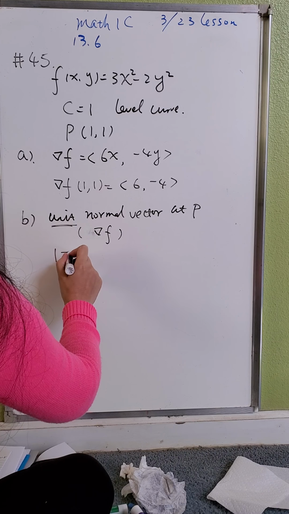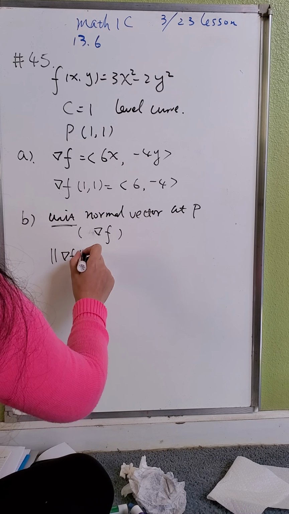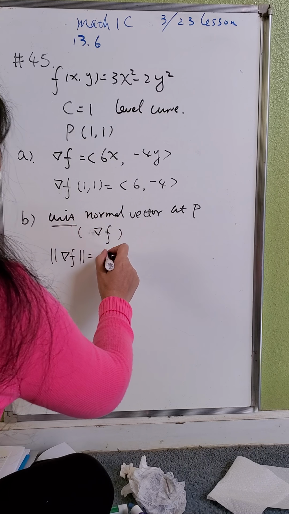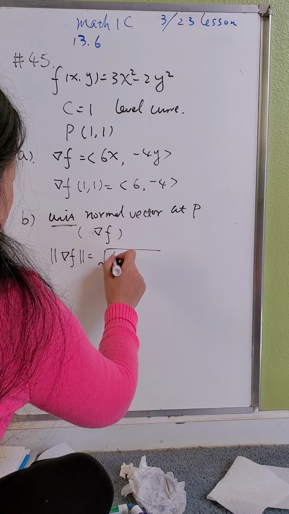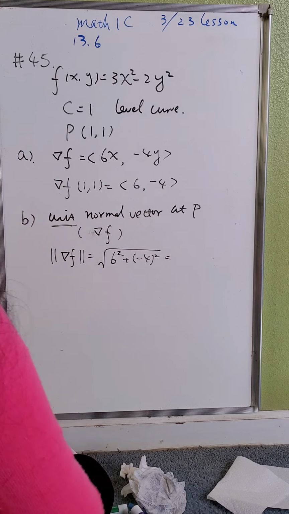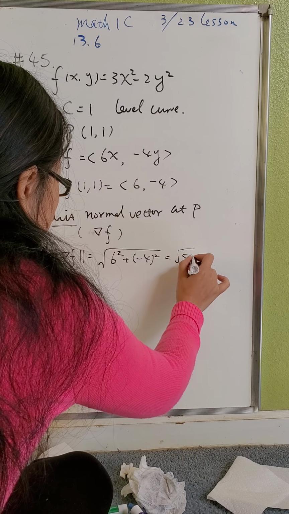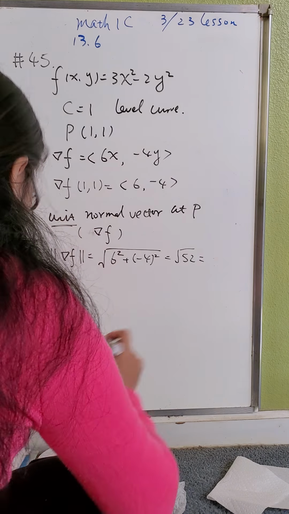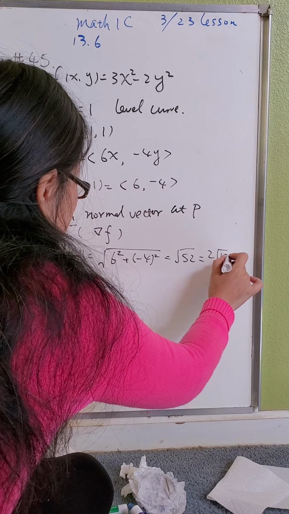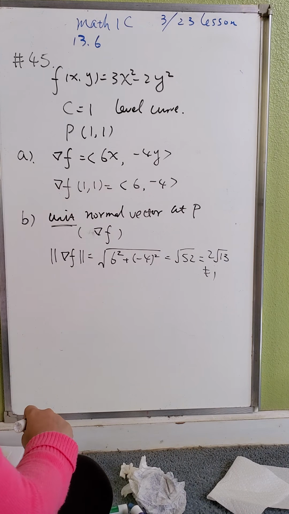How come? Because if you take the length of this vector, it is equal to the square root of 6 squared plus negative 4 squared, which is the square root of 52, and which is equal to 2 square root 13. It's not equal to 1. So therefore it's not unit.